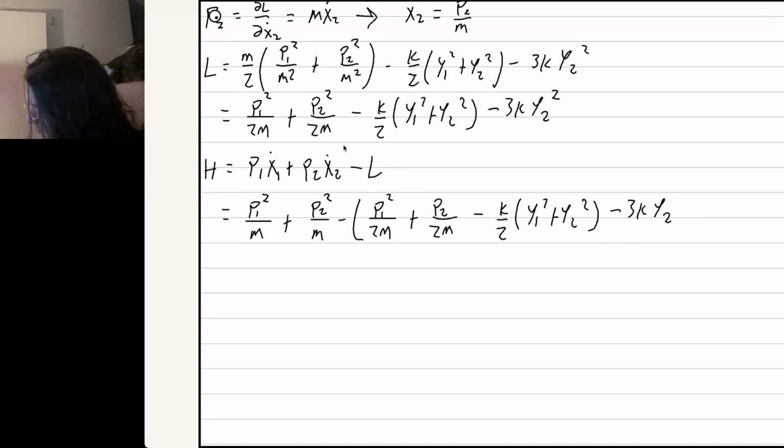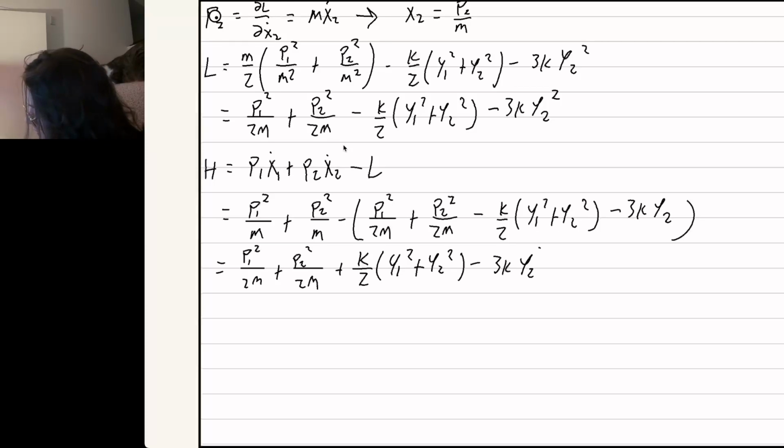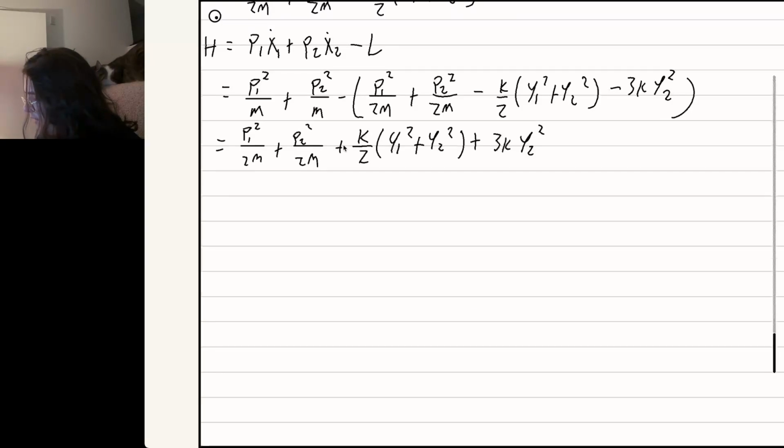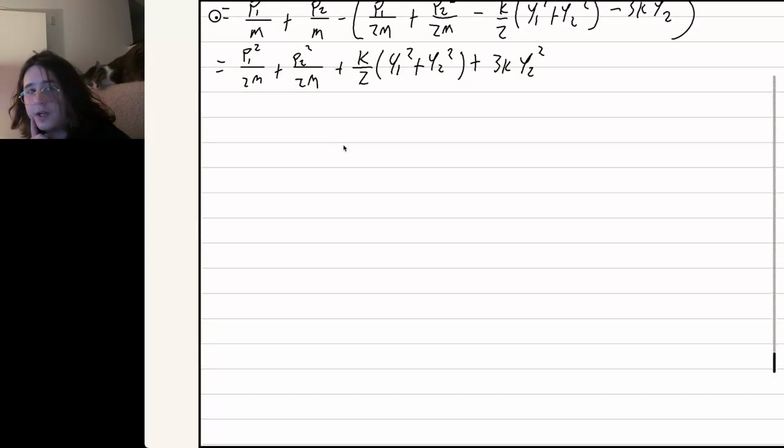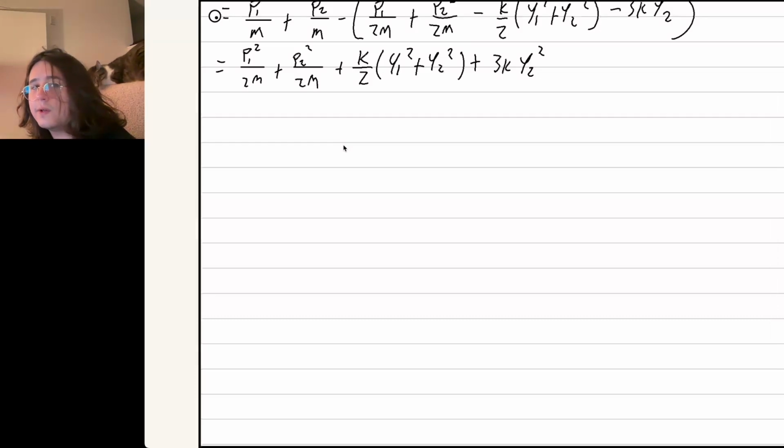So, all in all, it's going to be p1 squared over 2m plus p2 squared over 2m plus k over 2 (y1 squared plus y2 squared) plus 3k y2 squared. All right, we have a Hamiltonian. It already looks a lot like that for a simple harmonic oscillator, so solving this in action angle variables shouldn't be that difficult.